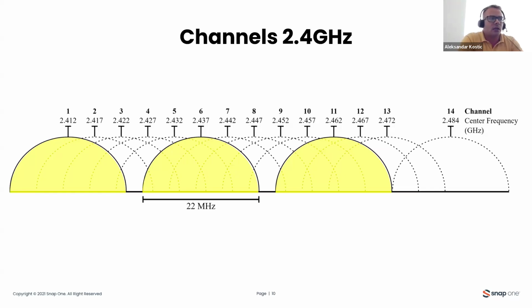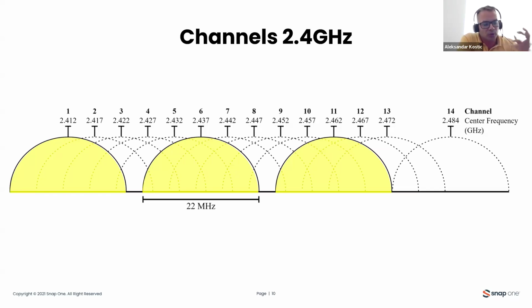A typical mistake I see in the field is that installers put all the access points on the same network on the same channel, because the way they see it is that access points, in order to operate in the best possible way, should all use the same channel.